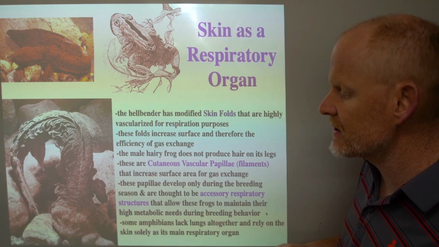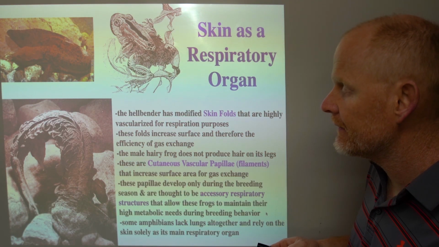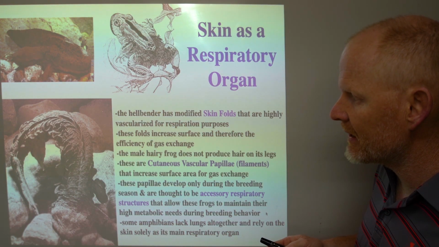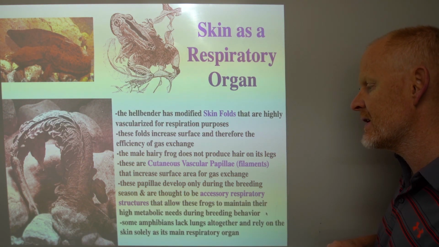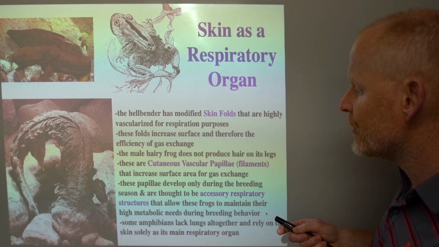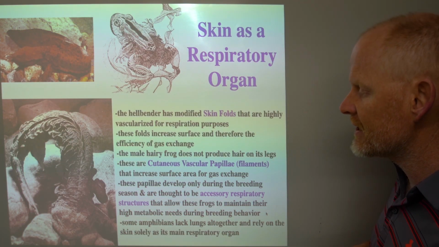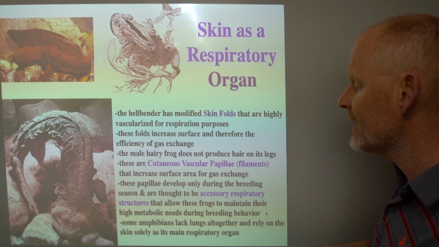They have lungs, but the lungs don't work very well, or don't work at all, really, in these completely aquatic salamanders. And so they respire almost exclusively through their skin using these wrinkles, which increase surface area. So they have cutaneous vascularization with the capillaries in the skin.